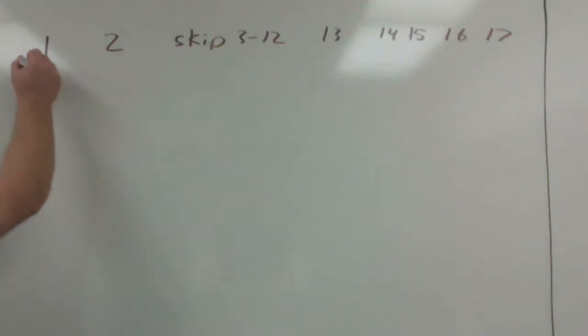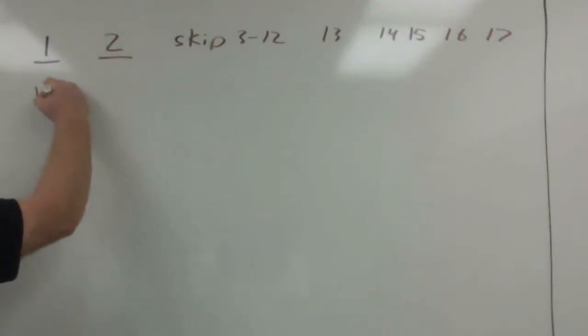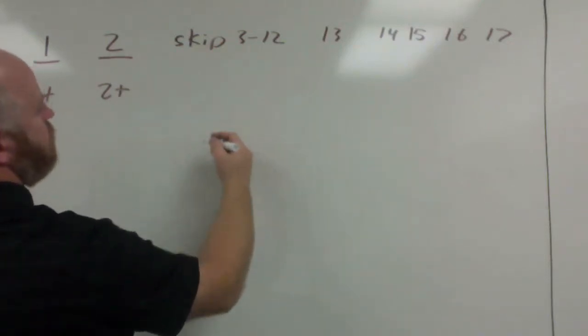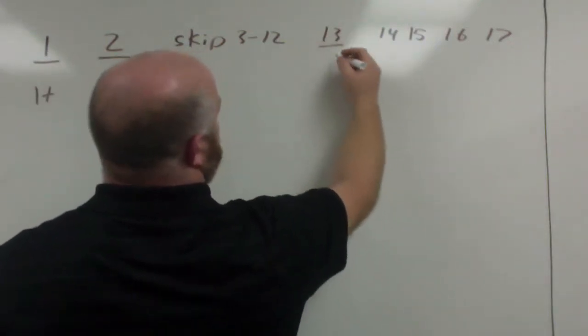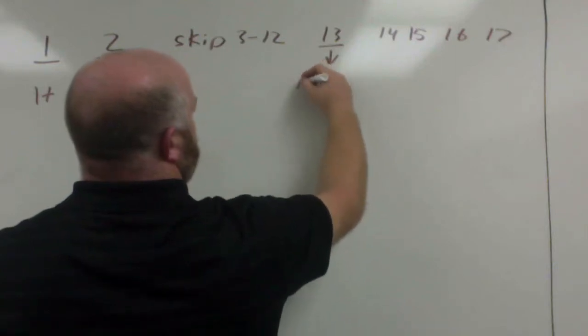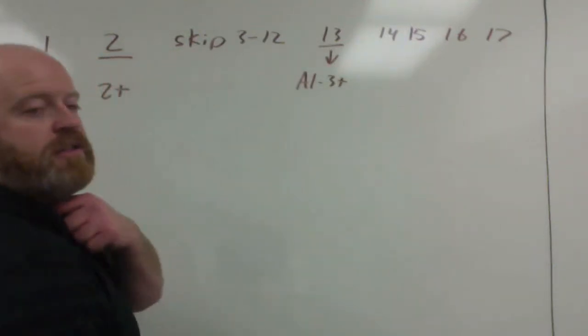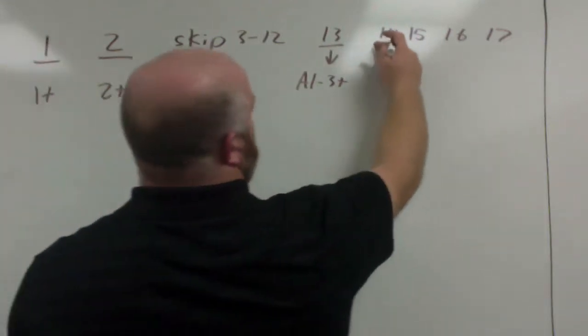Group 1 is always a 1 plus. Group 2 is always a 2 plus. We skip these. Group 13, really the only element we know in group 13 is aluminum, and that's a 3 plus. Everything else we don't know.